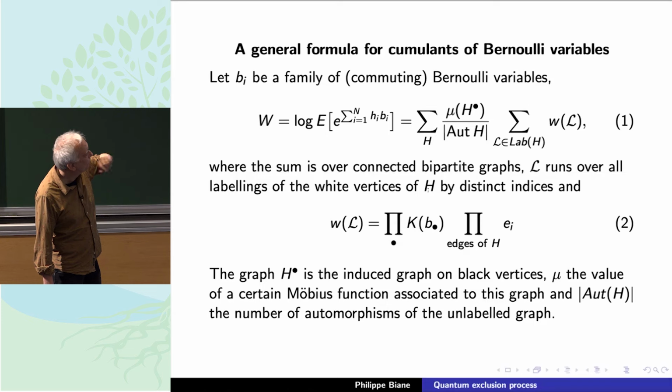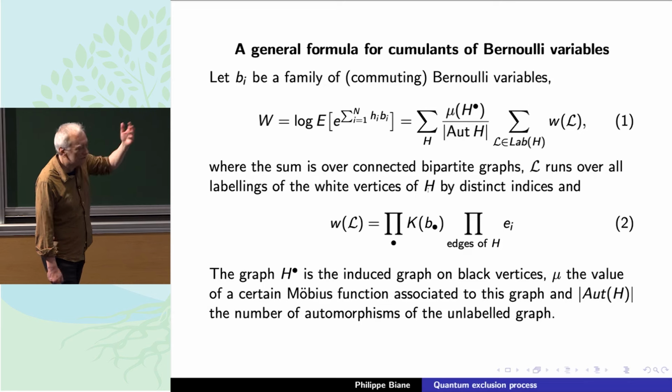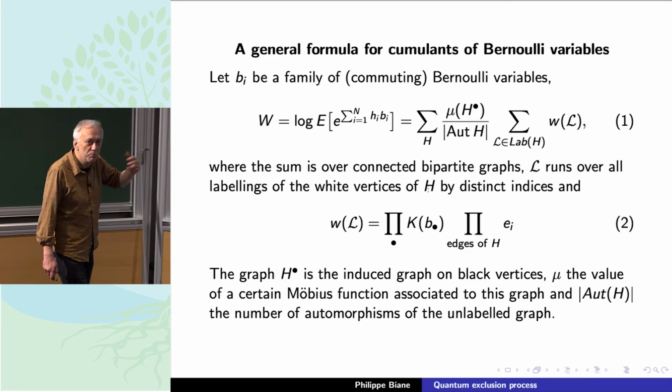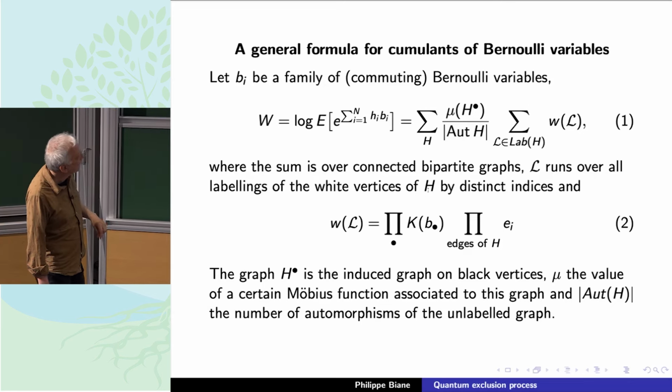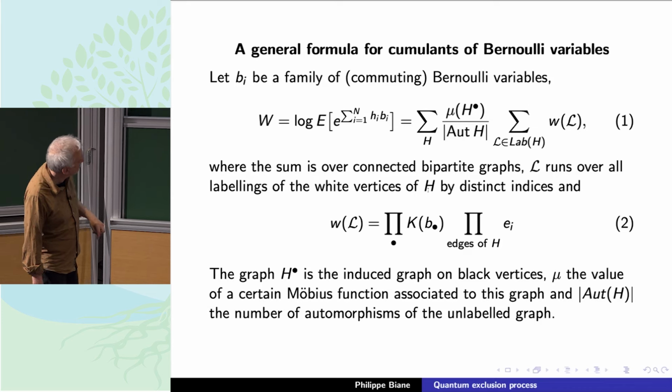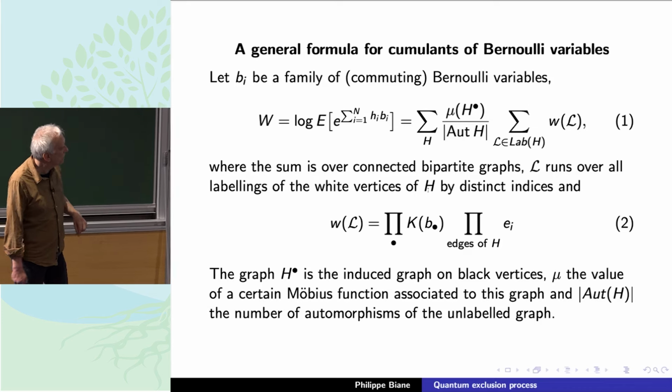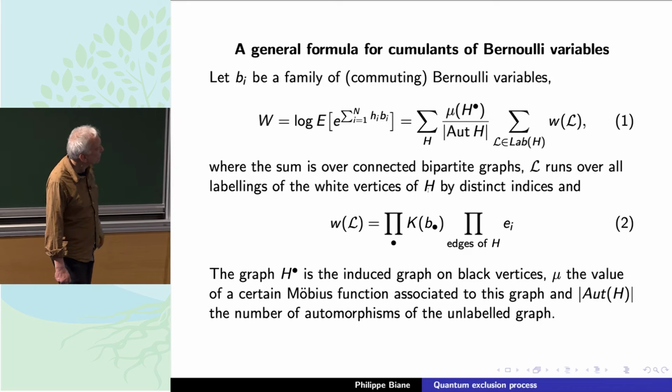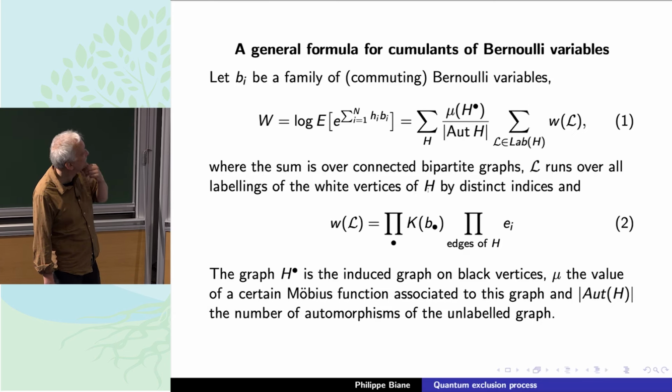There is some graph which is induced by this bipartite graph on the black vertices. And mu is a combinatorial factor, the Möbius function associated to a poset induced by the graph. And we have to divide by an automorphism factor of the unlabeled graph.